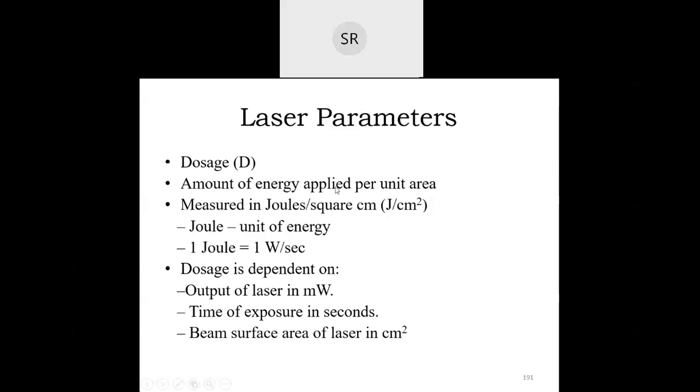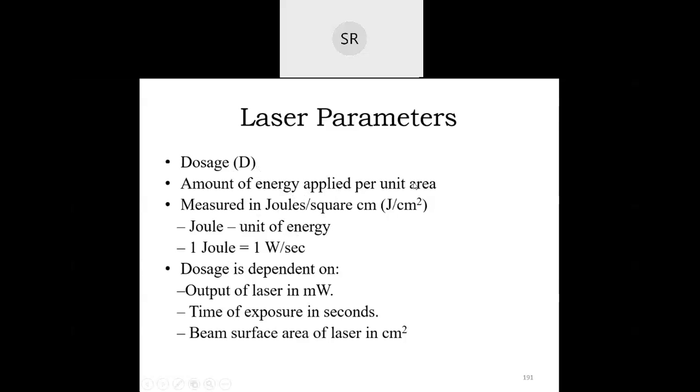So for a treatment, when lasers are used, we use the word dosages. High dose, low dose, and those dosages depend upon how much is the output of a laser in milliwatt, and how much energy is applied to the given particular area.